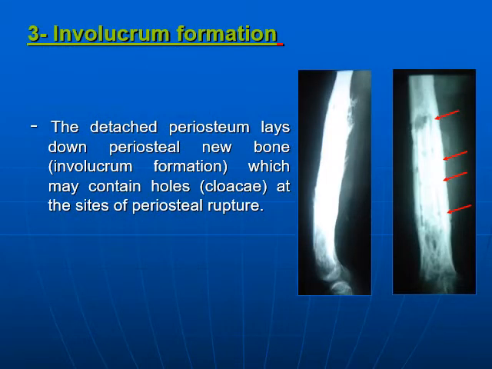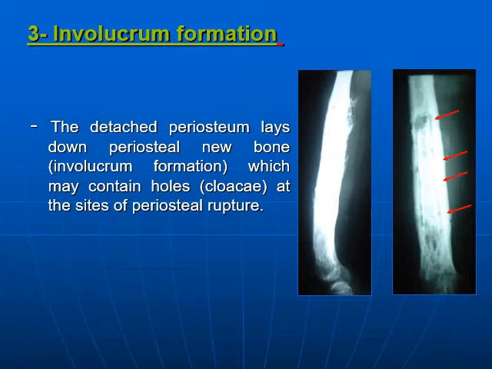So after the periosteum is detached, the bone tries to respond. Sequestrum is dead bone. So now the bone is dead, so what can the bone do? The periosteum tries to produce another bone, new periosteal bone formation. And this new bone formation may contain holes.